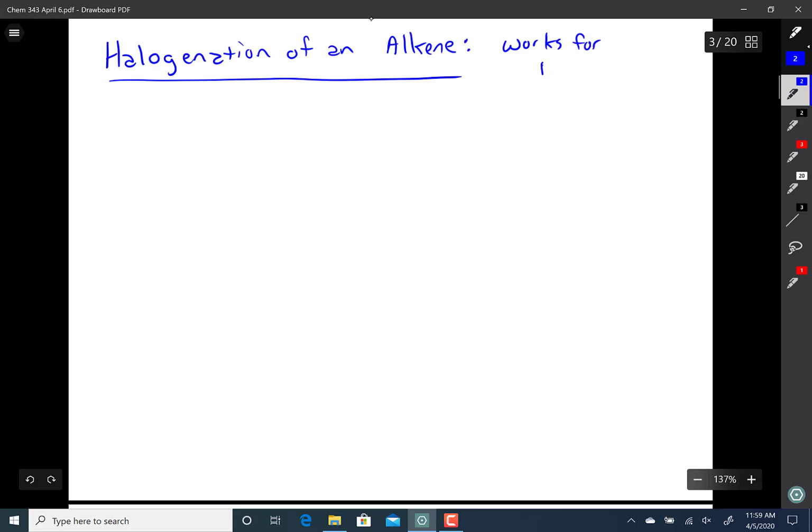This works for bromine and chlorine. It's easier to explain this when you're using a cyclic alkene.